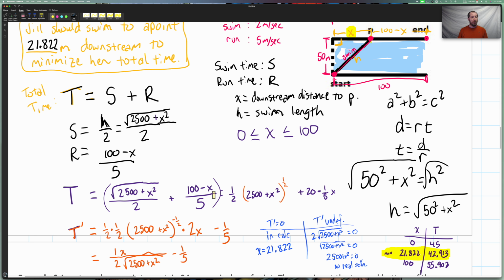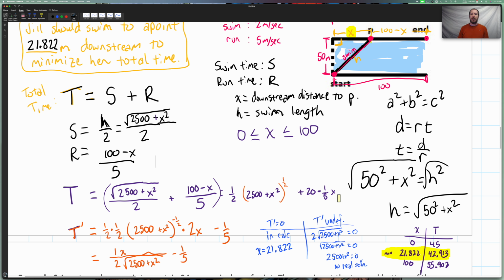So now we can put that into a more differentiable form, knowing that our next step is going to be to take the derivative of it so that we can find the critical points. And so rewrite that square root, rewrite that divided by 2 as a 1/2 coefficient, and then take that fraction 100 minus x over 5 and split it into a constant and a variable term.